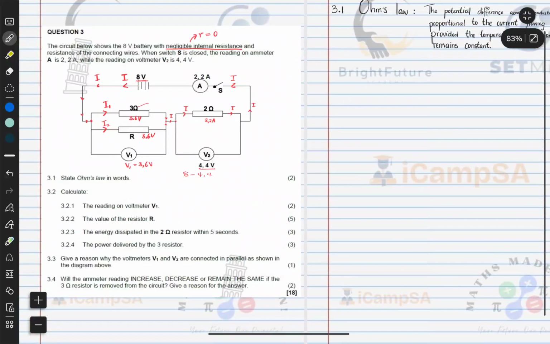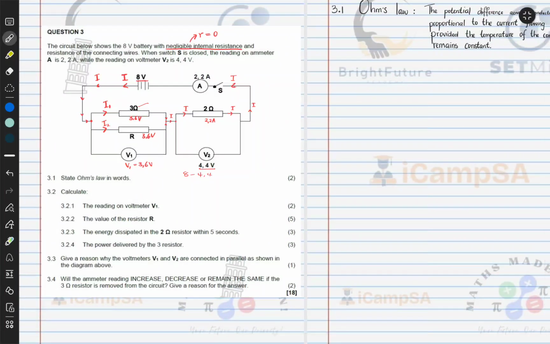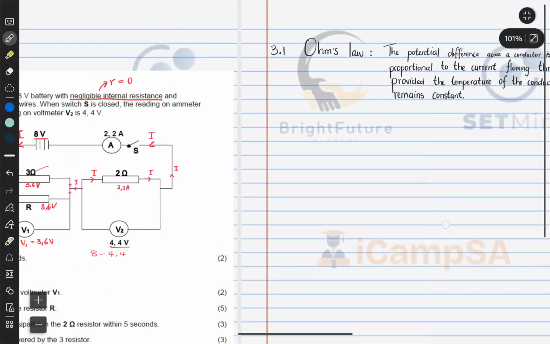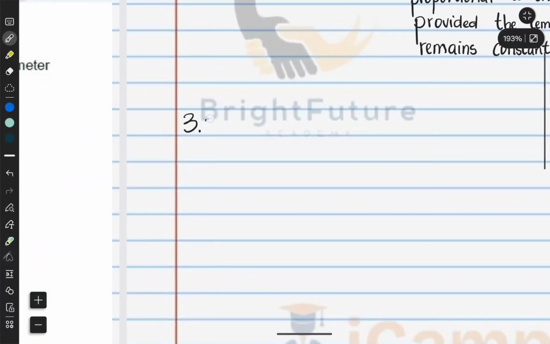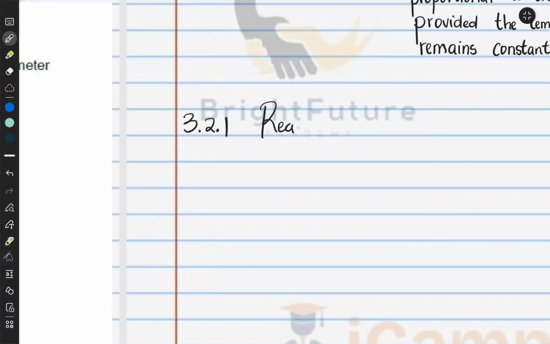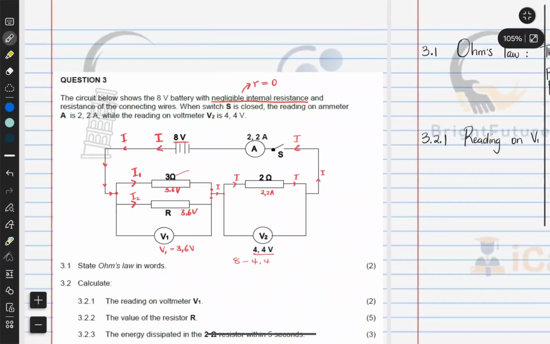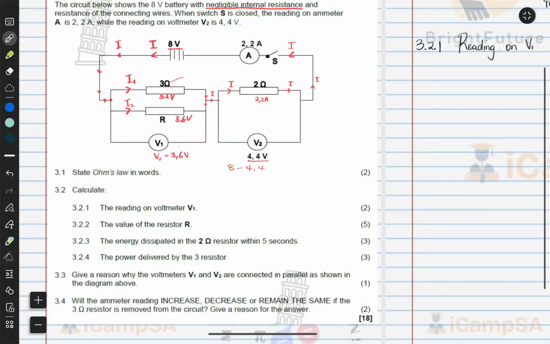So let's go to 3.2.1. Now we are required to find the reading on voltmeter V1. All right, let's go check V1. Oh, it's 2 marks.